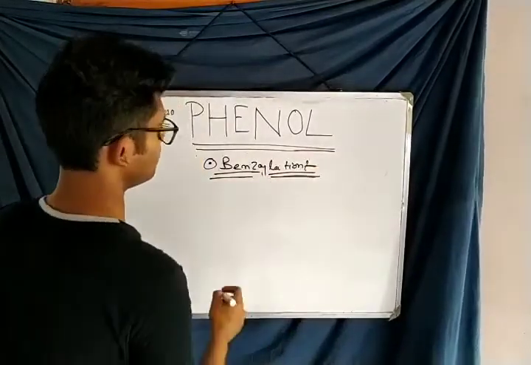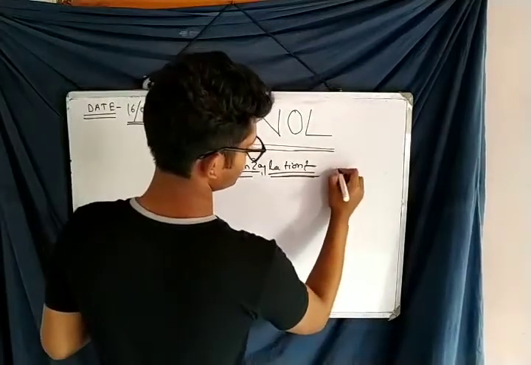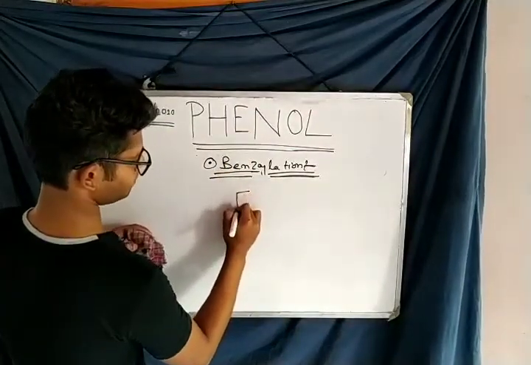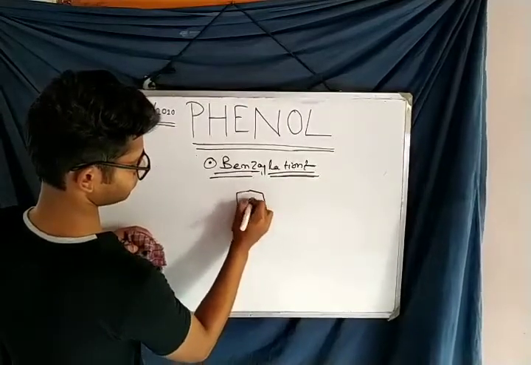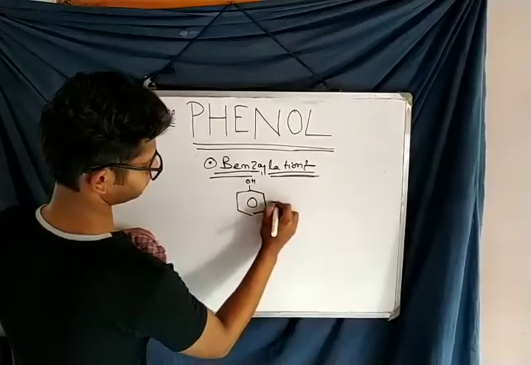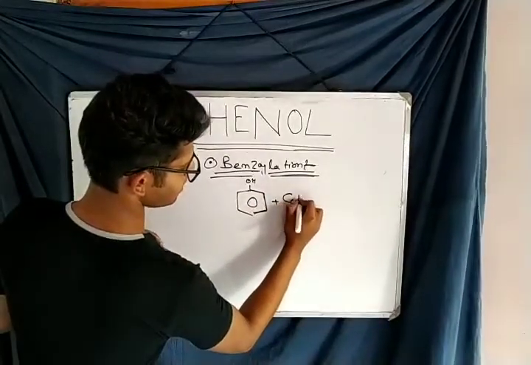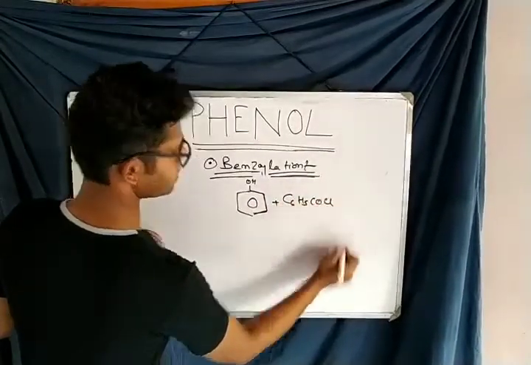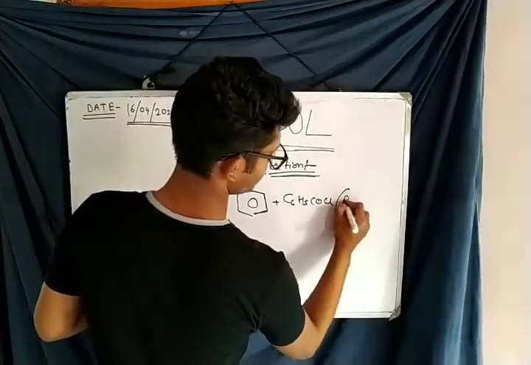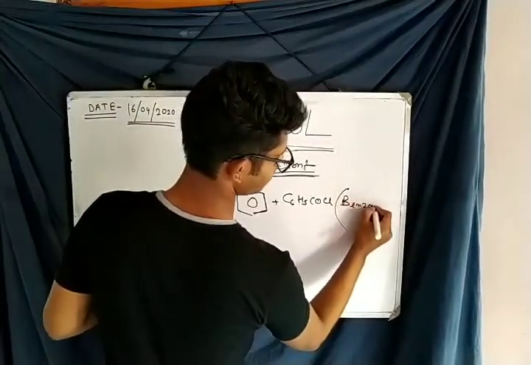is benzoyl chloride, that is C6H5COCl. When phenol, C6H5OH, is treated by C6H5COCl, this compound is known as benzoyl chloride. See properly, this reagent is known as benzoyl chloride.